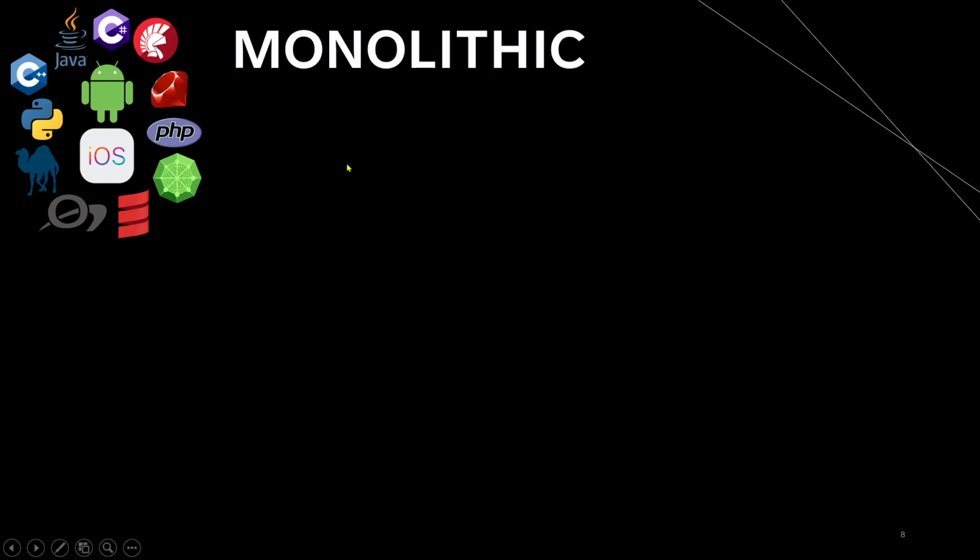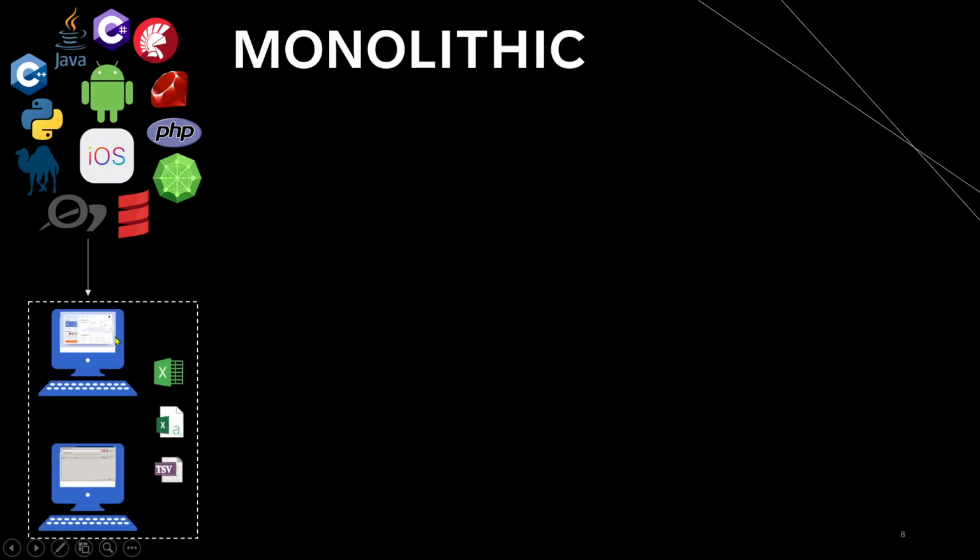Using these, they started building standalone applications and web applications, and they started storing data in Excel, or comma separated values, that is CSV, and TSV, that is tab separated values. You can consider all these as flat files. It was an era when more applications were being built, which is why they were using these to store data.